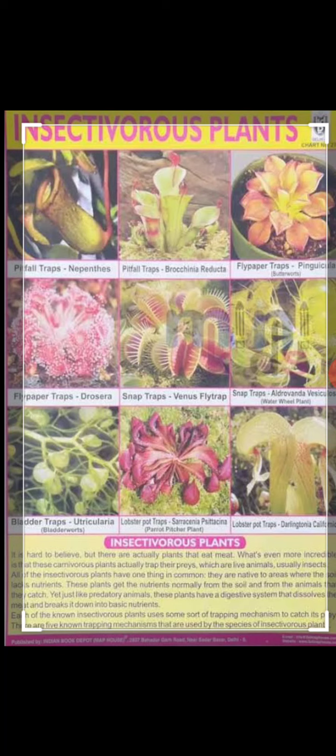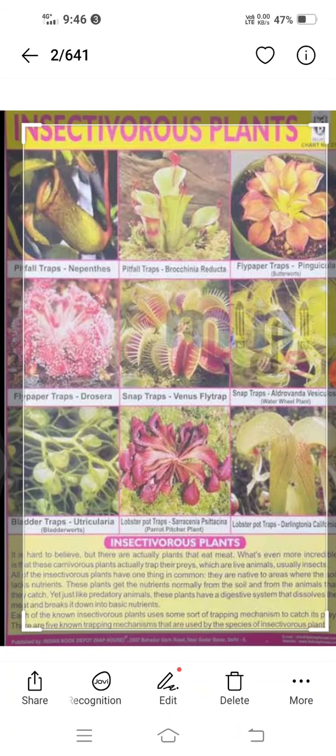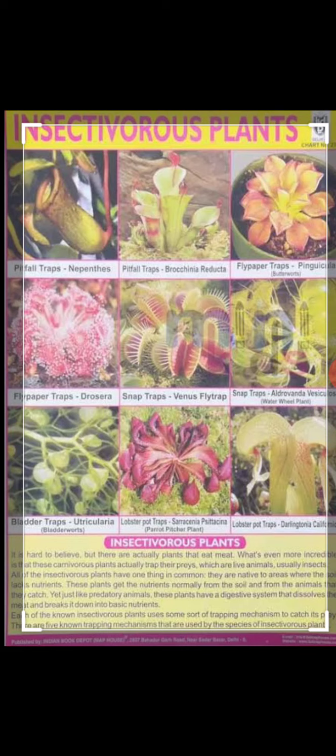Examples are pitcher plants, sundew, Venus flytrap and bladderwort. Hence we also call these insectivorous plants partial heterotrophs.